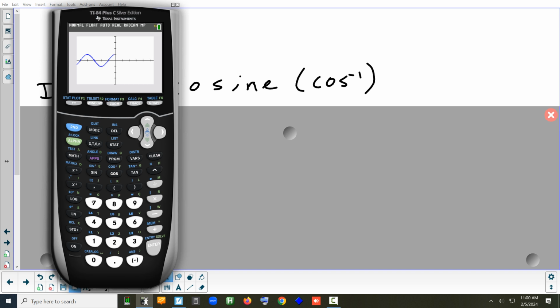And does cosine pass the horizontal line test? No. So if we try to consider inverse cosine over that entire graph, we're going to run into a problem. We're going to get something that's not a function. Our goal is to draw inverse cosine and have it be a function. So we need to make this pass the horizontal line test.